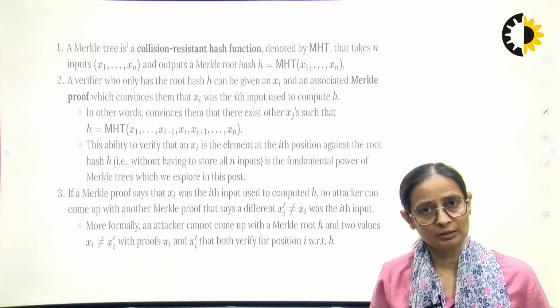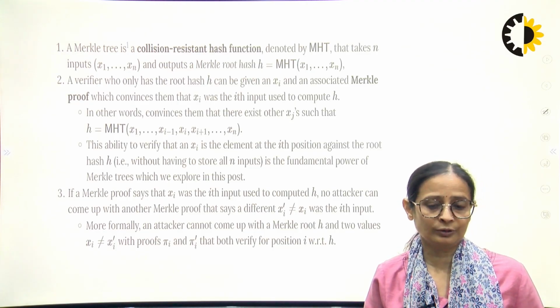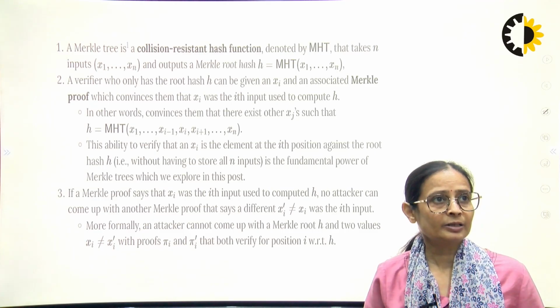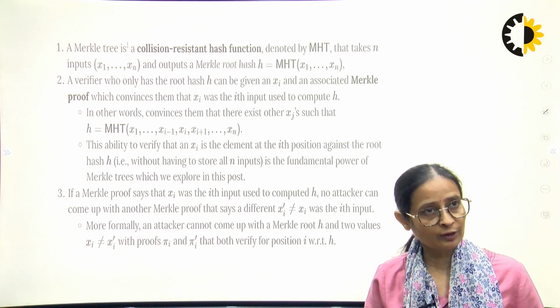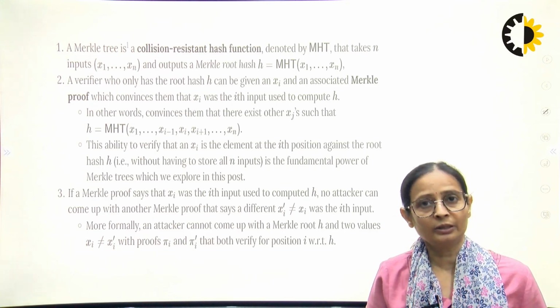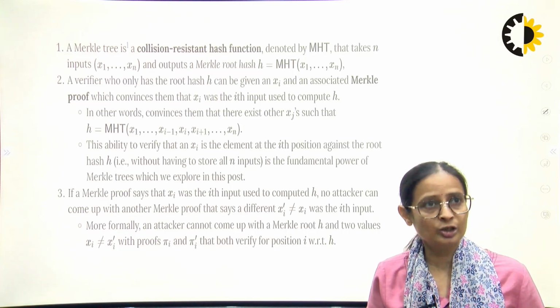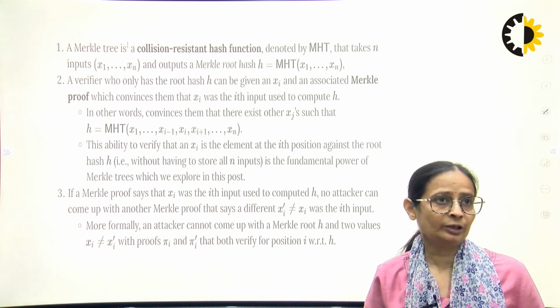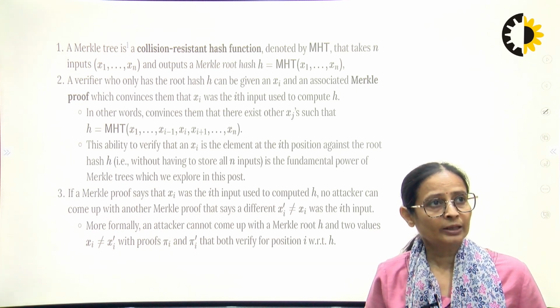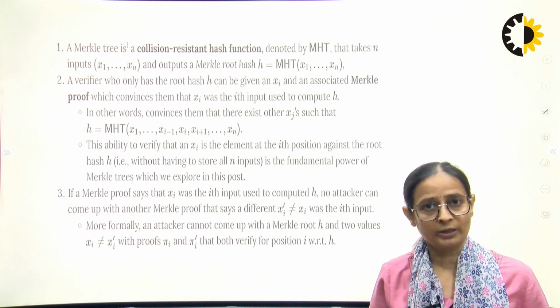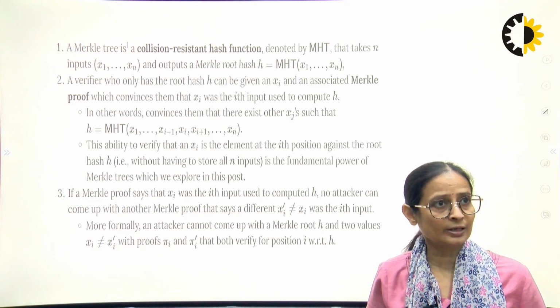So this is the formal definition of a Merkle tree. It is a collision resistant hash function. It is a hash function. So here we are saying that there are no chances of a collision happening. We denote it with MHT. It takes n inputs. What are these n inputs? These are my transactions.